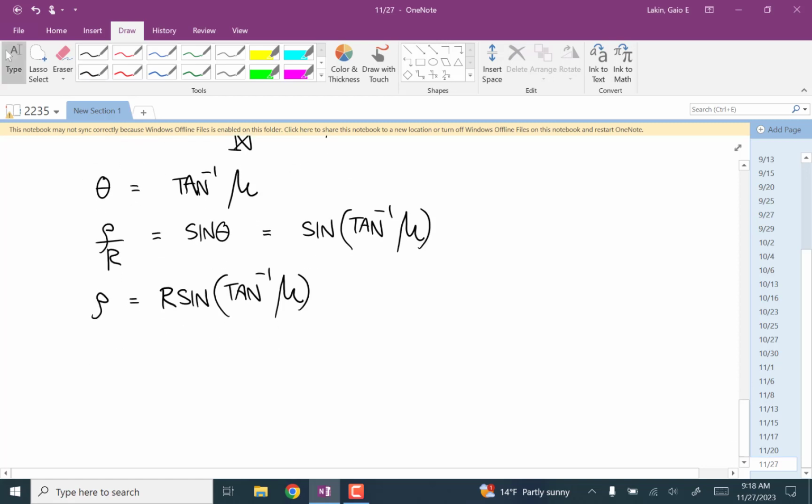of mu. Well, more SAT type math, if you think of a right triangle where the tangent is mu, so you can think of this as mu, and this is 1, and this is theta.